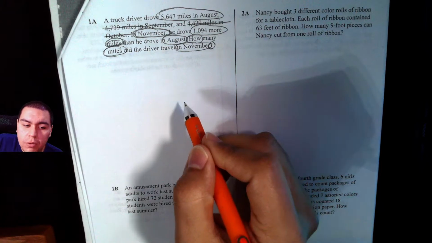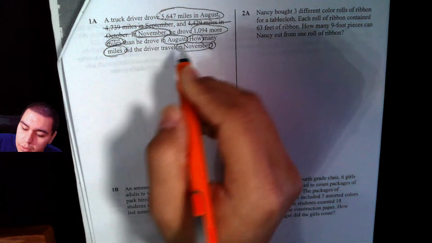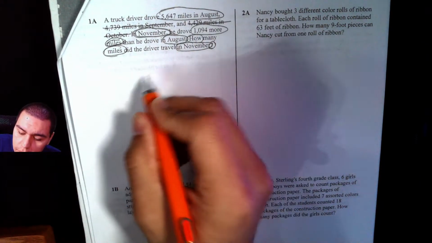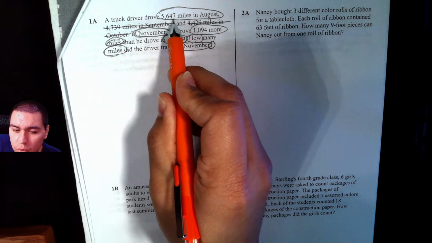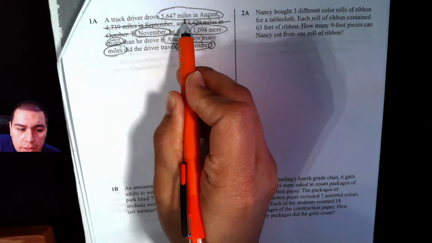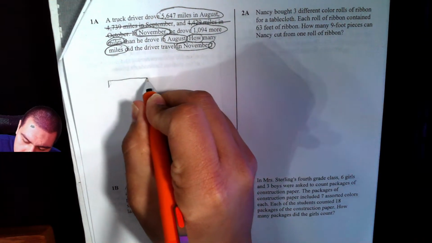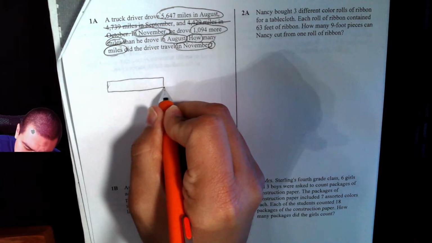Now we have to figure out what operation I need to use. So first, we're going to start off with August. Okay? It was 5,647 miles in August. So I'm going to draw myself a little rectangle here, a little bar.